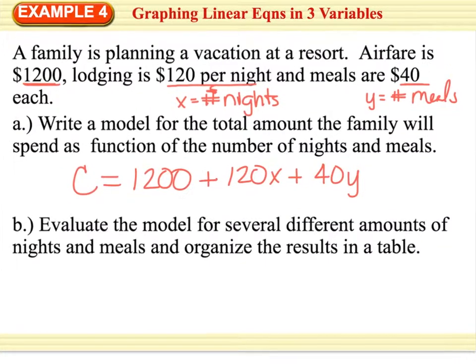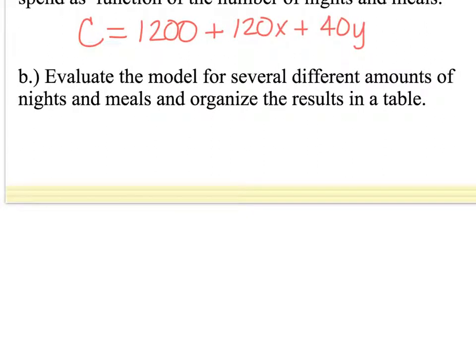Now part B asks us to evaluate this model for several different amounts of nights and meals and organize the results in a table. There are a few different ways that you can do this. I'm just going to show you one, and if you have something else, that's fine as well.